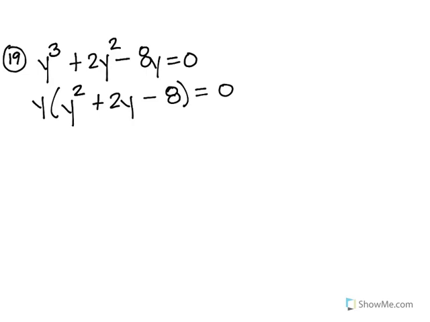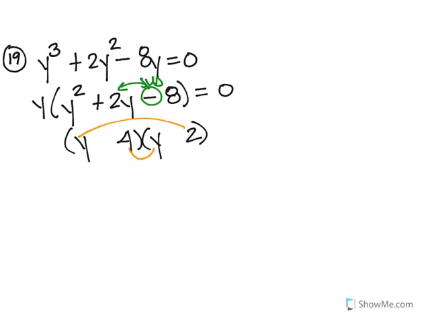And so now we're going to factor that parenthesis. We're subtracting to get 2. 4 and 2. And since my 2y is positive, my 4 has to be positive as well. Very good. And that's important.